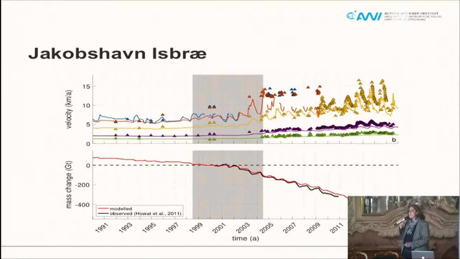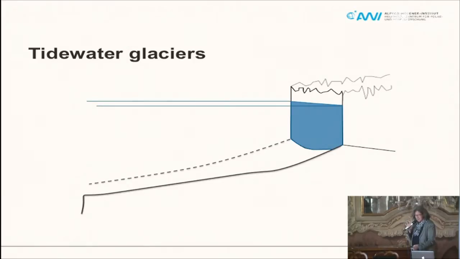It's surprisingly good, actually. So the effect of the change in calving rate is a large part of the acceleration of the glacier, and that change is also driven by the ocean. And how is that driven by the ocean? If you look at the front of a tidewater glacier like Jakobshavn Isbrae, you have this amount of the calving face which is below sea level.